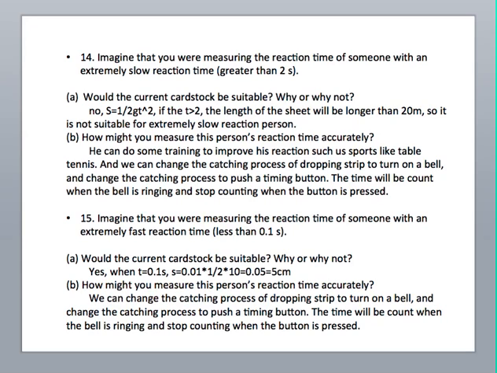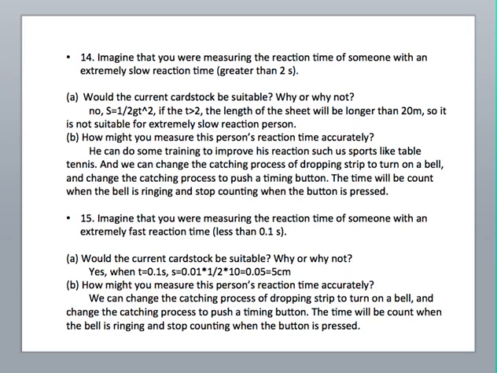It will not be suitable because s equals 1/2 times g times t squared. So if the time is greater than 2 seconds, the length of the sheet will not be enough, because the length we need will be longer than 20 meters.